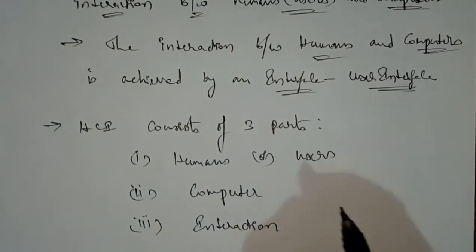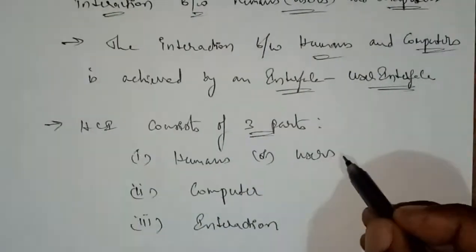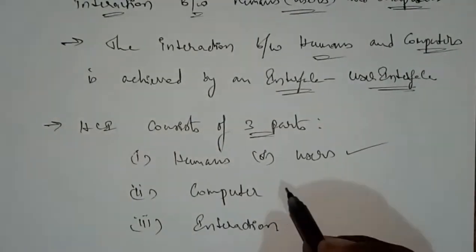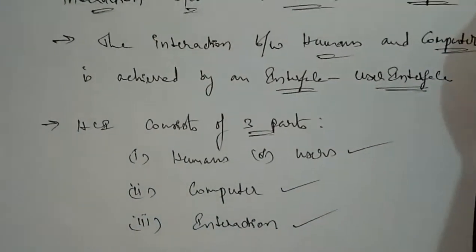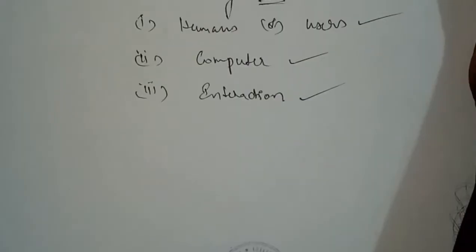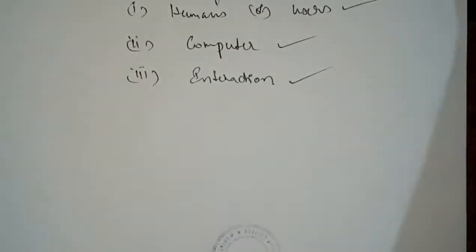It consists of three parts: humans or users, computer, and interaction. We'll see one by one what is human, what is computer, and what is interaction.